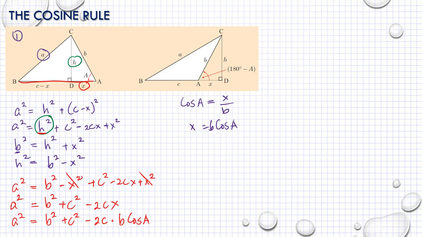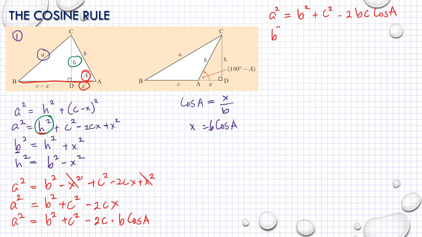That means if I want to find the length of A squared, then I need to find the sum of the squares of the two sides minus 2 times the product of the two sides multiplied by cosine A, the opposite angle of the side that I am looking for.